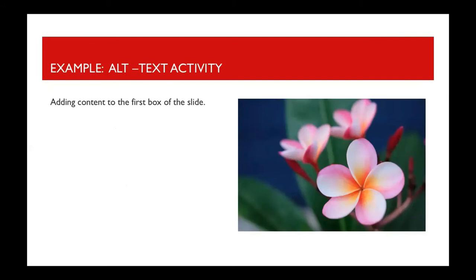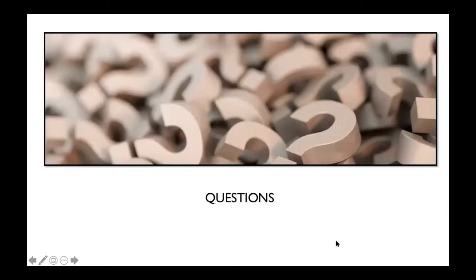So we covered how to use built-in slide layouts, and we also walked through how to add alt text to your images. Next slide. Okay, do we have any questions at this point for alt text or adding alt text to your images or using slide layouts?